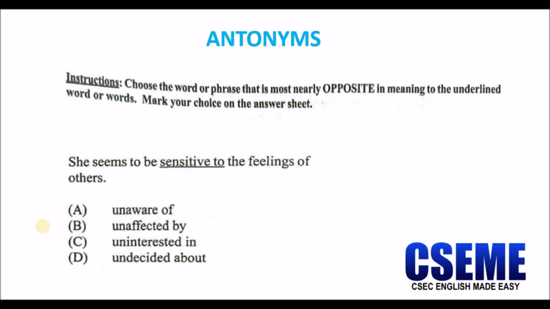So oftentimes on the CXC exam, you're given two options that are close to each other. And this is where you have to dive in and do your critical thinking and your elimination. So she seems to be sensitive to the feelings of others. Is she unaware of the feelings of others, or is she unaffected by the feelings of others? Which of these will be the most appropriate?